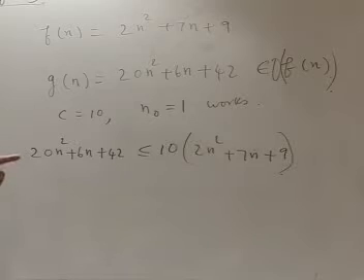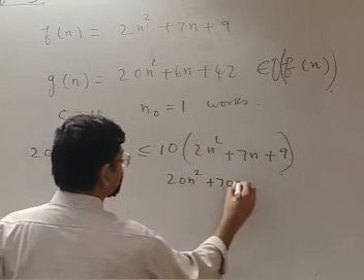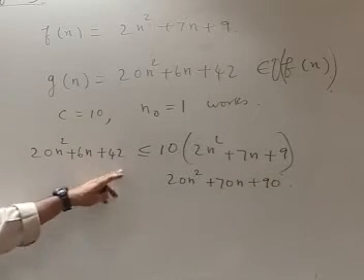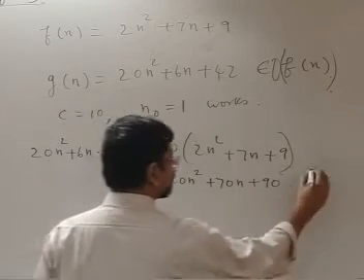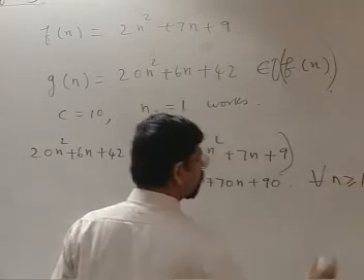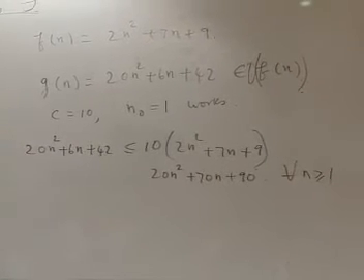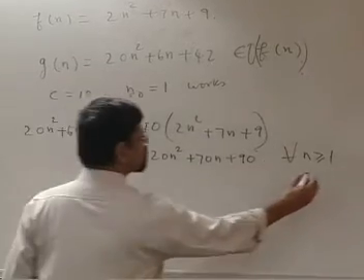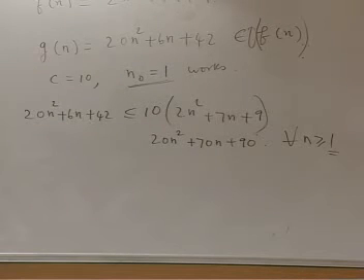It is obvious because the right hand side is something like 20n square plus 70n plus 90, and 20n square plus 6n plus 42 is less than or equal to 20n square plus 70n plus 90 for all n greater than or equal to 1. In fact, even when n equal to 0, this is valid. Anyway, therefore, I can choose 1 as a threshold beyond which it is a constant multiple.